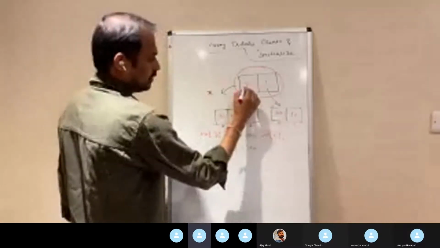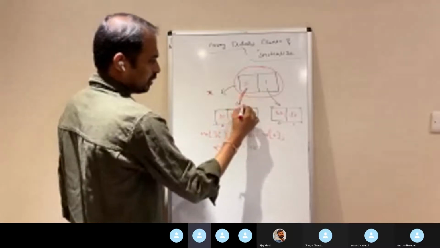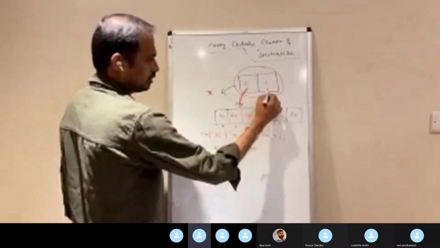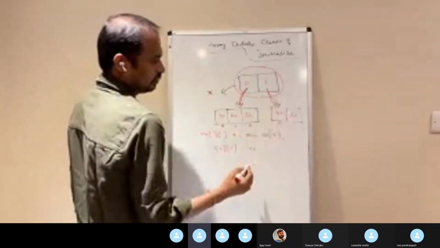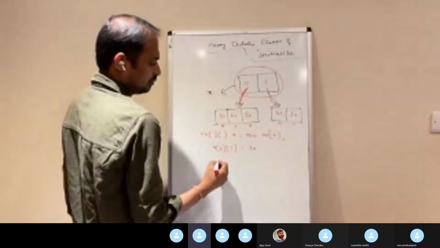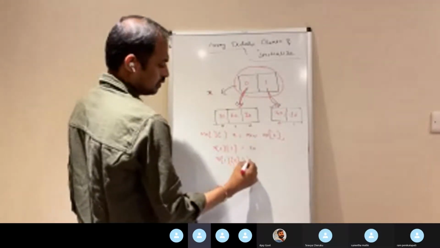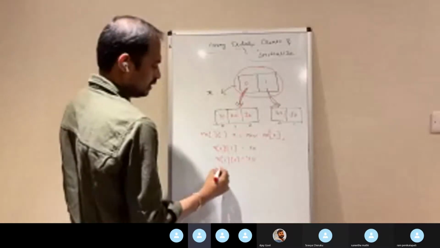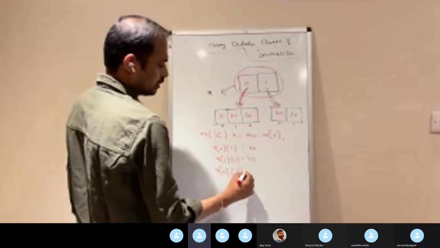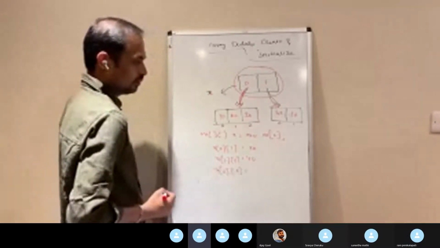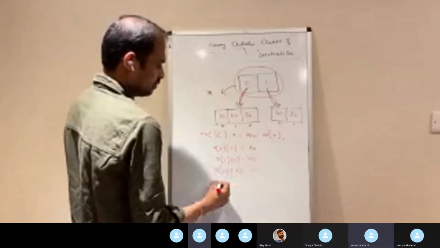X of 0, 1 has the value of 20. X of 1 of 0, what is it? 40. So x of 0 of 0, what is the value? 10.